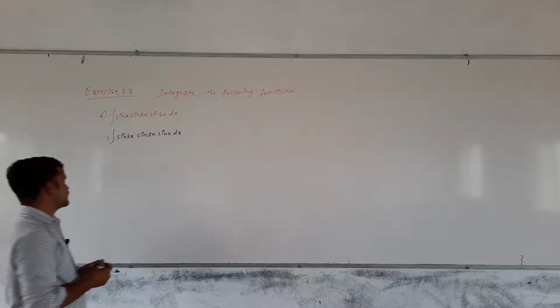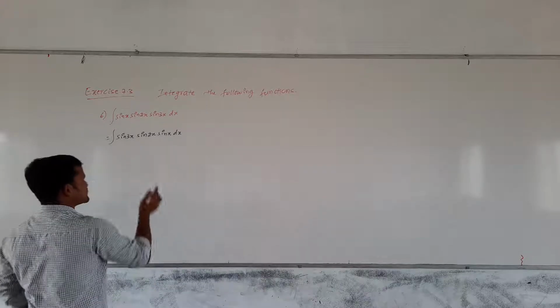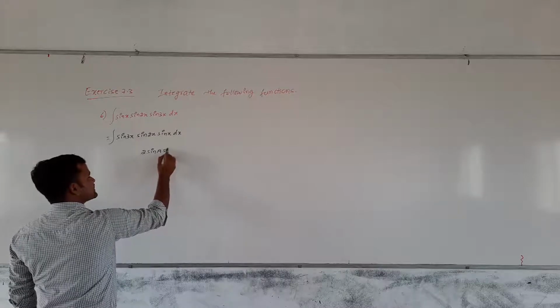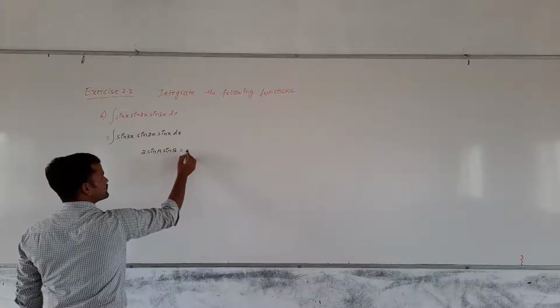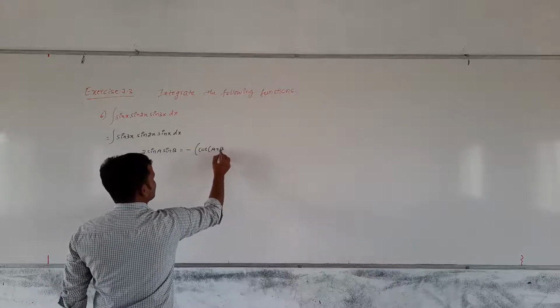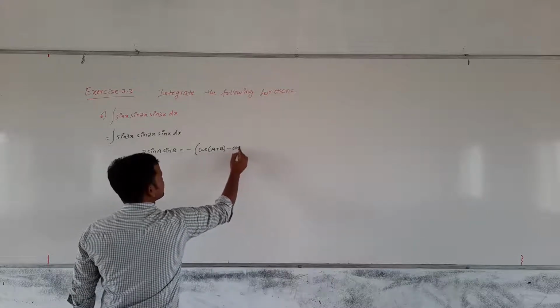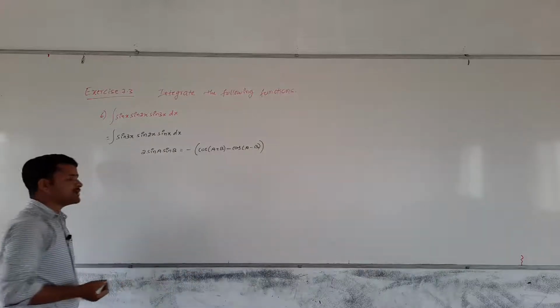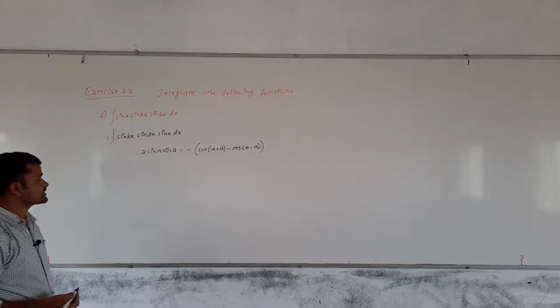I will use the formula sin into sin. What is that formula? You know, 2 times sin a into sin b is equal to minus of cos of a plus b minus cos of a minus b. This is the formula we have studied in first year trigonometry.